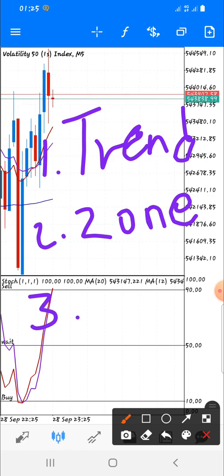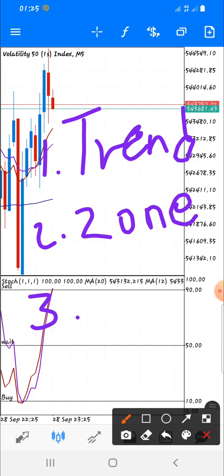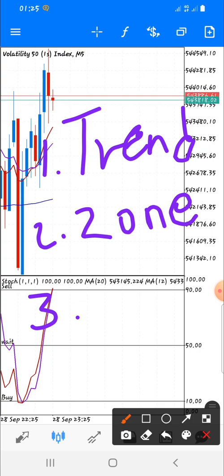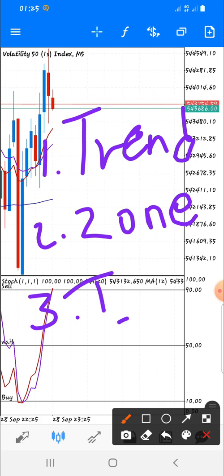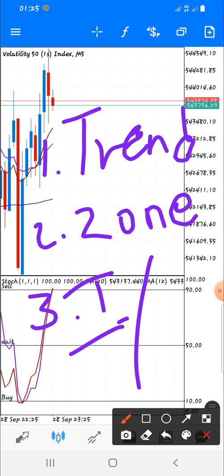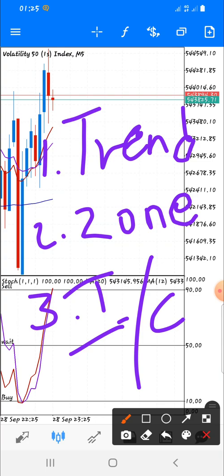The third thing is to see where the strength of the market is. That is what we call the impulse and the corrective waves. So there are three major things you first need to identify in the market.